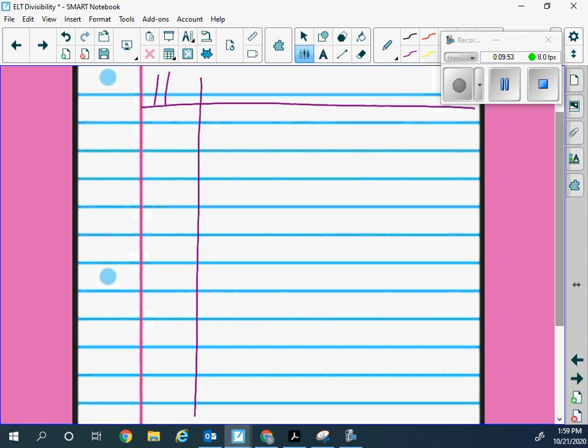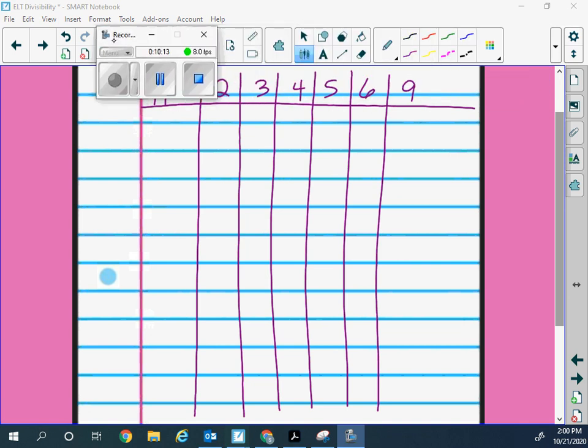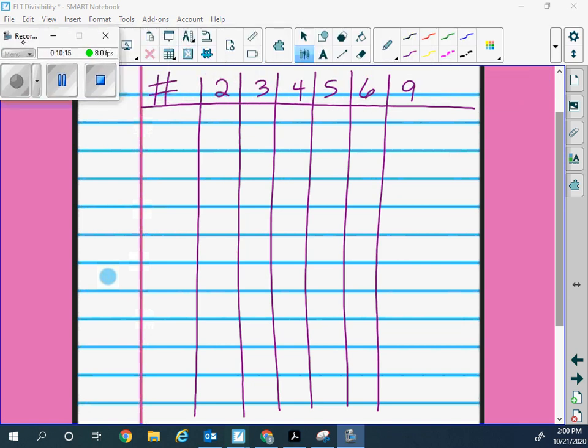This is where the number is going to go that we're going to test, and we're going to test it for 2, 3, 4, 5, 6, 9, and 10.